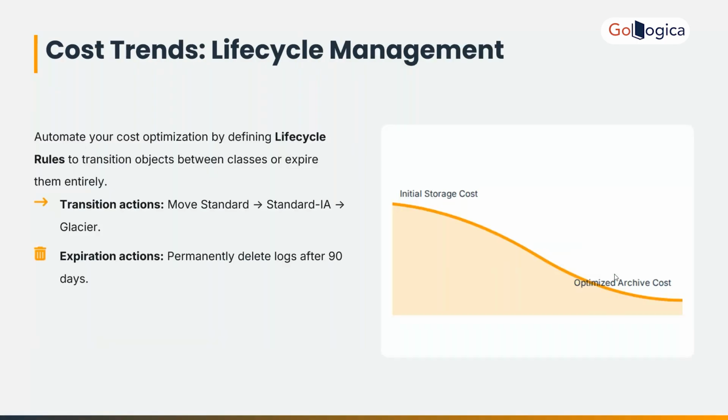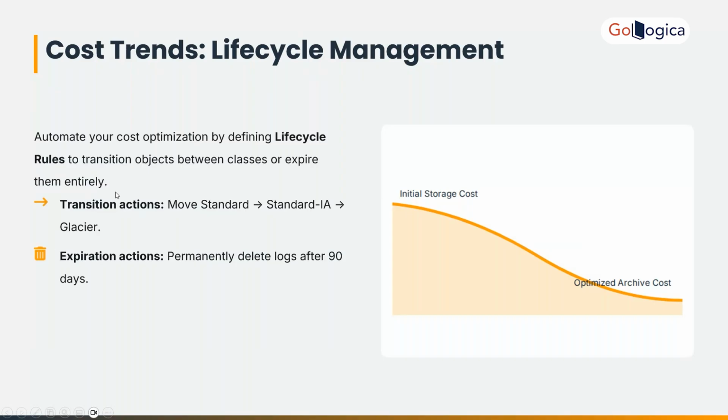So then the cost trends, the life cycle management. Now the data that we are storing in S3, we can use a life cycle manager to manage the life cycle of the data. Here we can automate your cost optimization by defining life cycle rules to transition your objects between classes or expire them entirely.